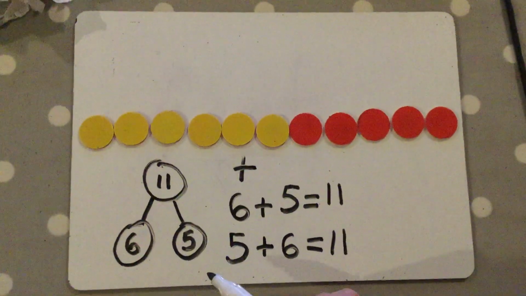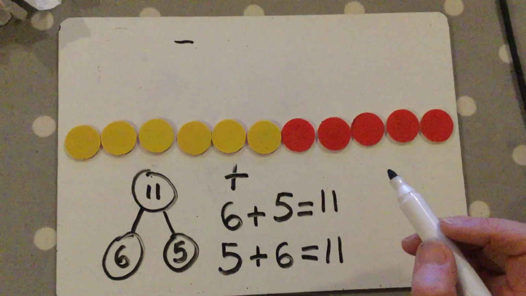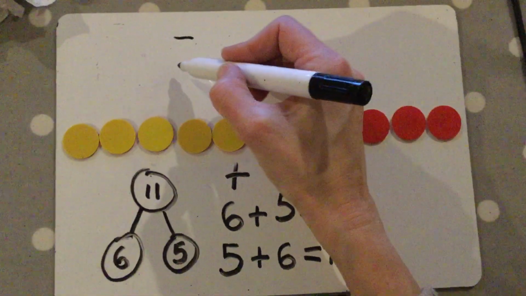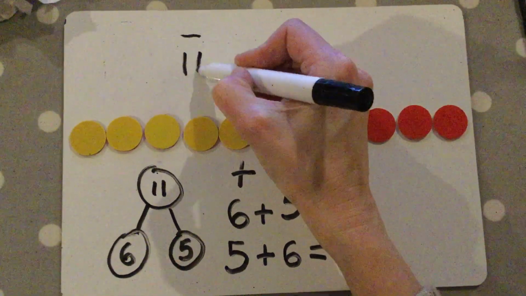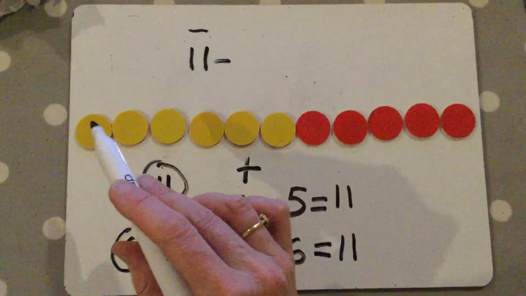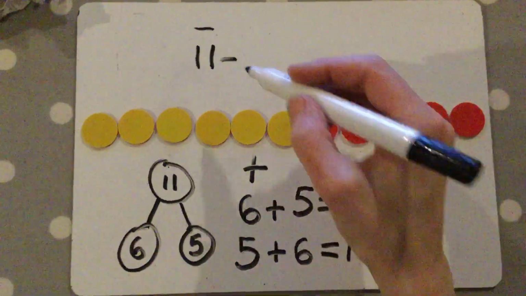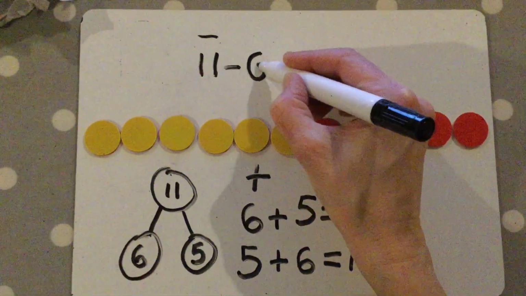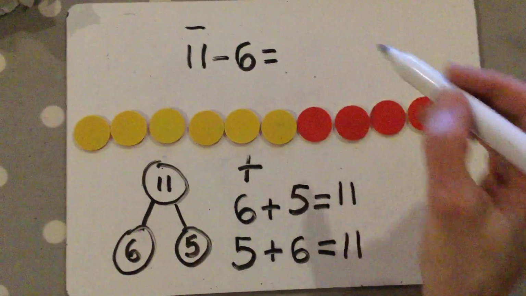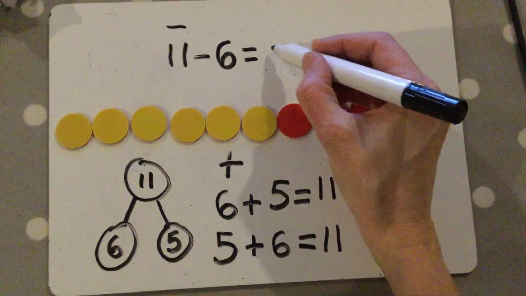but we could also write some subtraction number sentences. This time I'm going to start with my whole. So I have in total 11 counters. If I took away my yellow counters, this part here, if I took away those 6 yellow counters, I would have just my 5 red counters left.